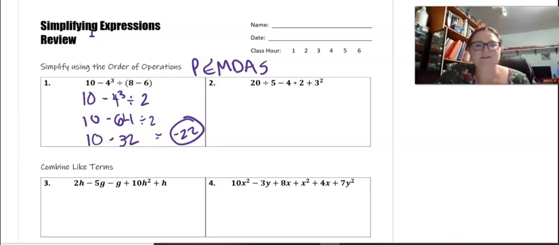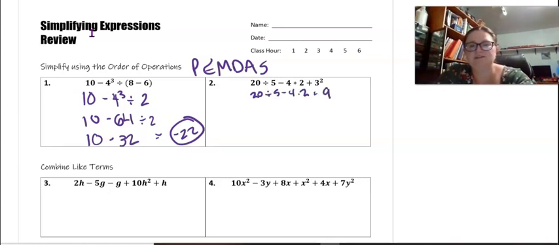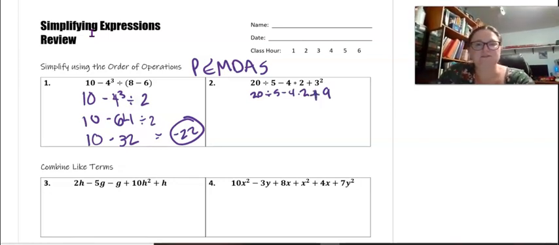Okay, so the next problem, we have division, subtraction, multiplication, and powers. So the first one is going to be exponents, no parentheses. So we're going to do 20 divided by 5 minus 4 times 2 plus 3 to the second power, which is 9. And then next we do division and multiplication. You can do those in the same step.